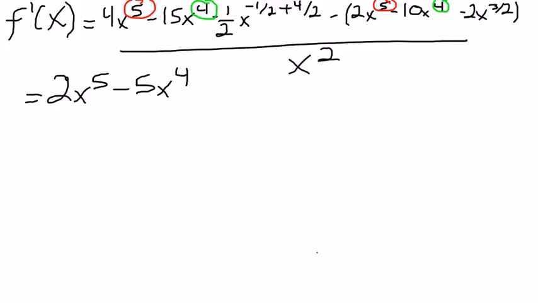And then this is going to be another ratio thing. You're going to have negative 1/2 minus 2. So that's actually going to give you plus 3 over 2. The whole thing's going to end up being x to the power of negative 5 over 2.